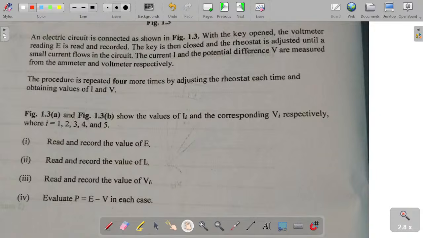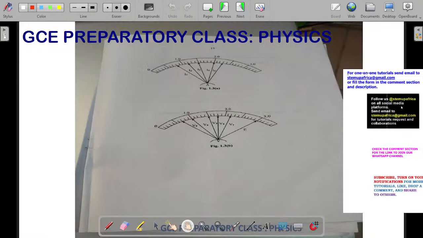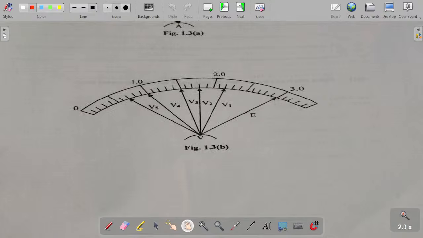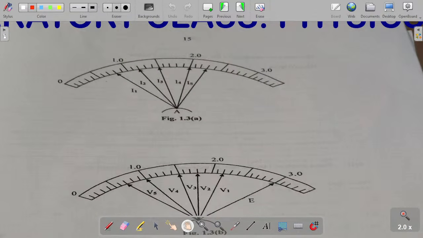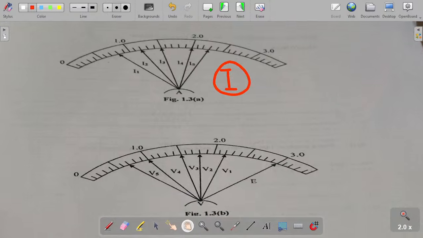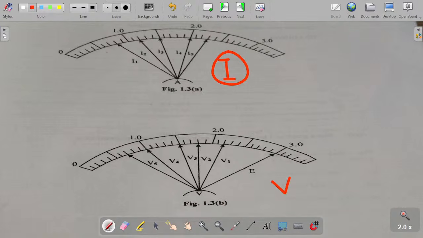You see that? Now, if you go to the diagram they will draw for you, this is the diagram where your readings will be obtained from. Are you seeing it? The first one is our I, which is our ammeter. Then this is our V, which is our voltmeter. Is that clear? So we have to read the value of I1.